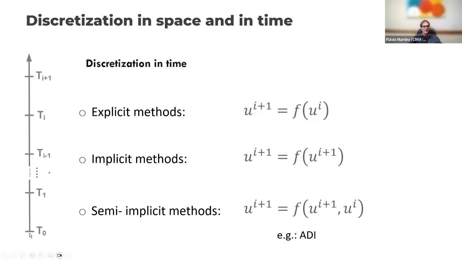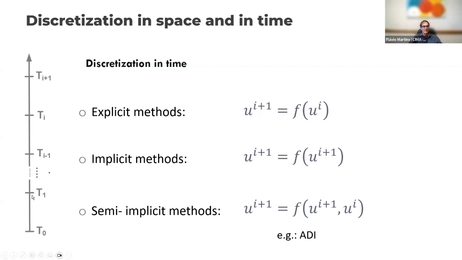Imagine that you want to simulate 1 week. If this time step is 1 second, you will have a certain number of time steps. It will be many thousands of time steps, all the seconds of 1 week. If this time step is 1 hour, you will have much fewer time steps.